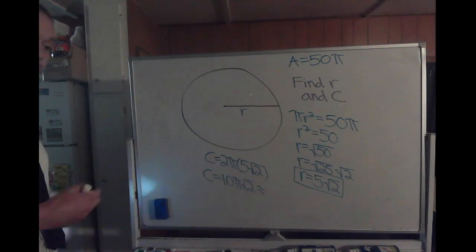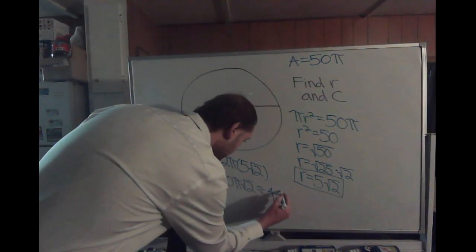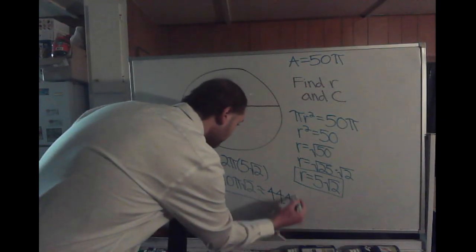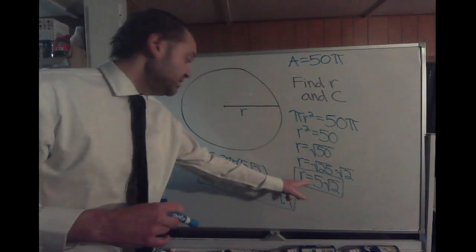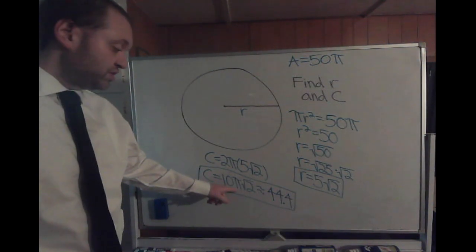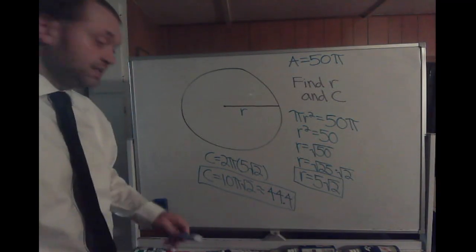That would give you about 44.4 units. So the circumference of this circle with a radius of 5 times the square root of 2 is exactly 10 pi times the square root of 2 units, or approximately 44.4 units.